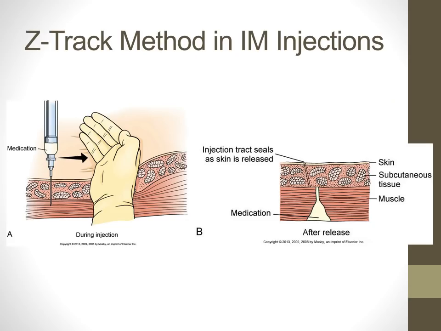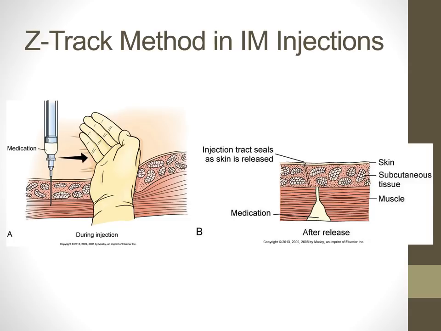For your Z-track, Z-track's a little bit tricky, but it's actually a good method in giving injections. The purpose of the Z-track is to create a track where the medication actually stays in the muscle and doesn't seep back up through the path that you created by the needle.